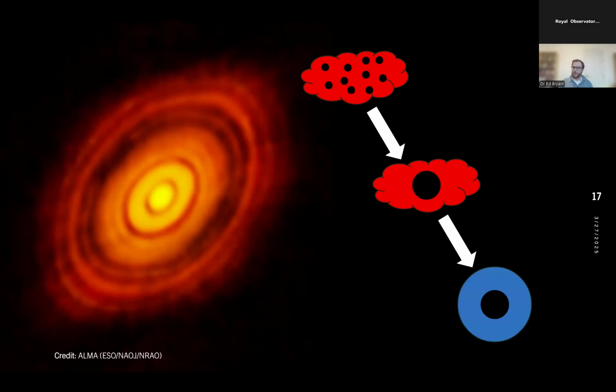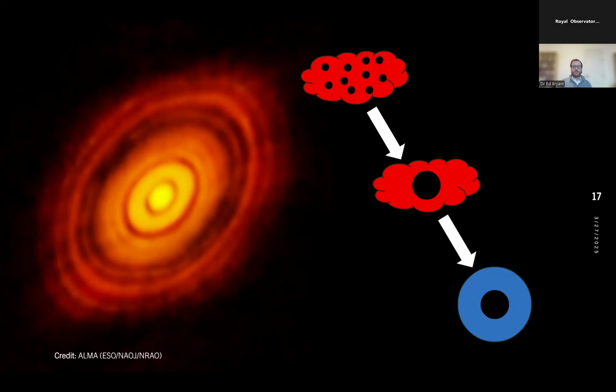And this theory works well for explaining how you form the solar system planets, and it worked well for explaining how you form some of the earlier planets that we found as well. But the interesting thing for my work is what happens when you make your star smaller. Because we believe, and we know from some observations, that if you have a less massive star, you have a less massive disk. And if you have a less massive disk, then you have fewer building materials, less of this rock and dust and ice, available to form your giant planet.